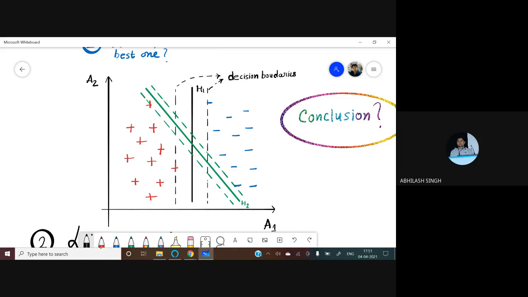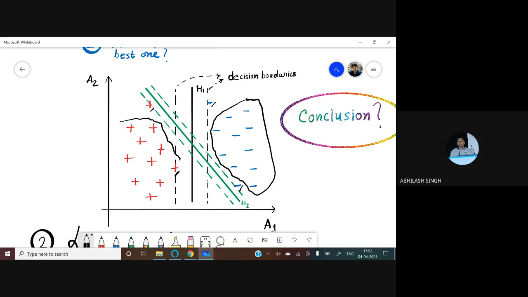This blue data and this blue data, this positive data and this positive data are called support vectors. These are the data that are important to decide the hyperplane, and all other data don't take part in deciding the hyperplane.